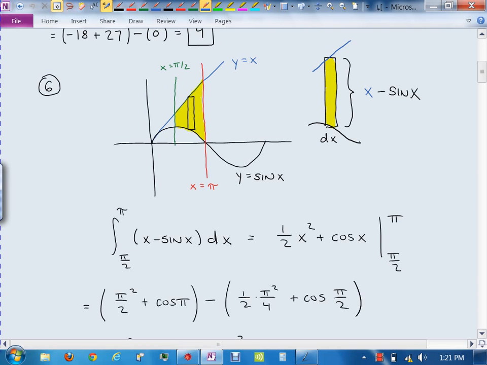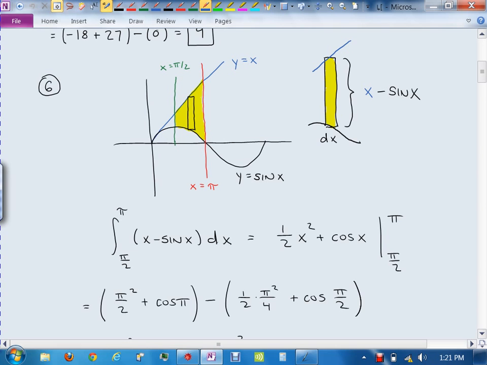So what I started doing on these homework problems is I started to color code all the functions. My y equals x was blue, my sine function was black, x equals pi over 2 was green, x equals pi was red, and then when I draw my rectangle, I have my little blue and then my black right there, and you can kind of see it's the x minus the sine.